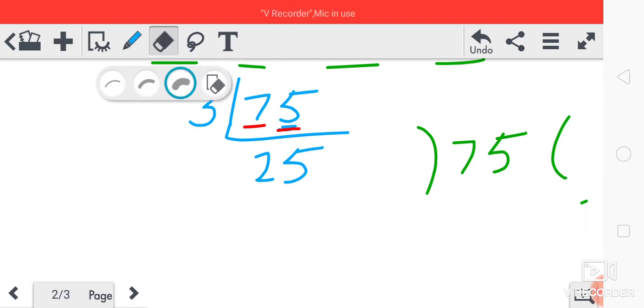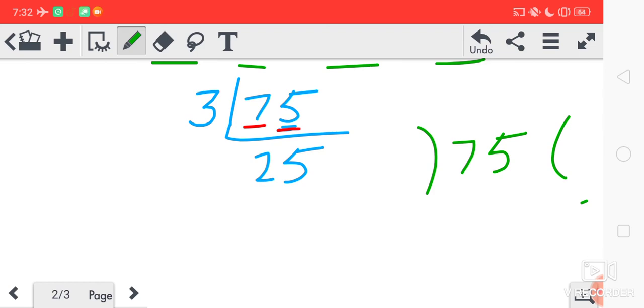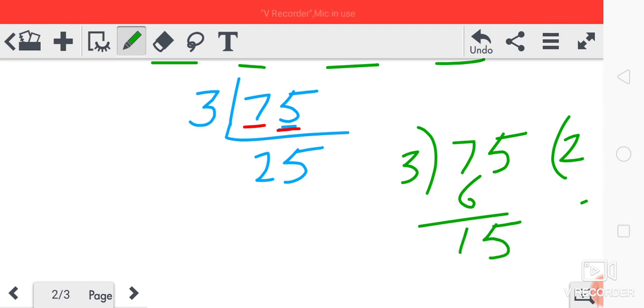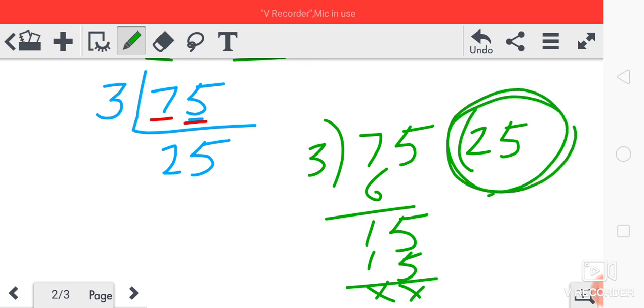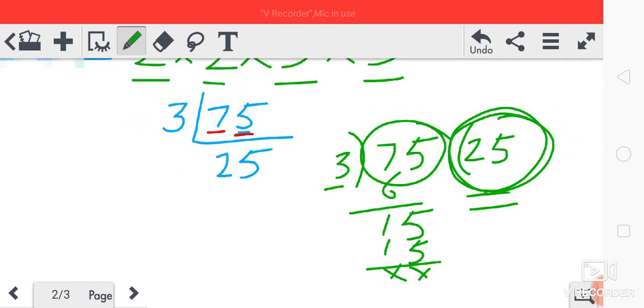So just divide it by 3. 3 2s are 6, 7 minus 6 is 1. This 5 will come down, and 3 5s are 15. Now are we getting 25 here? 3 into 25 is equal to 75.